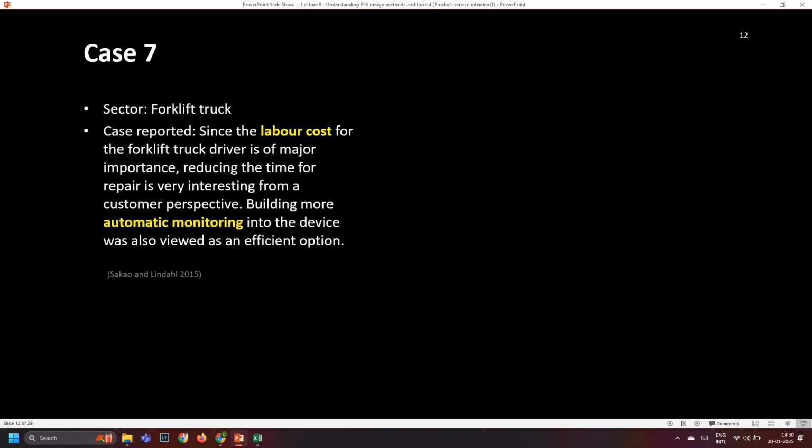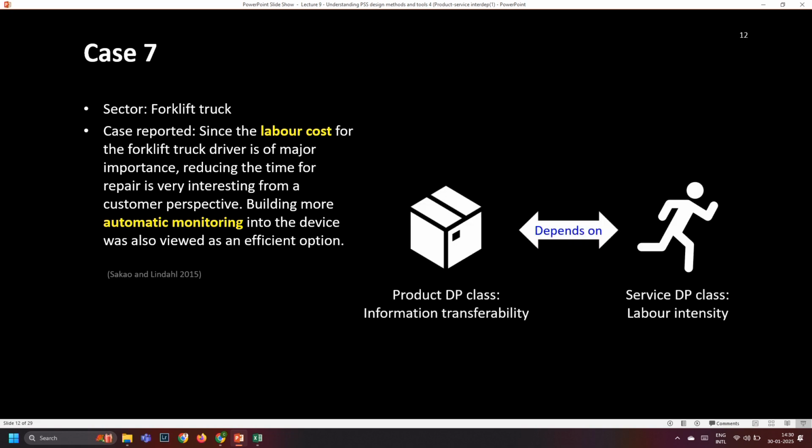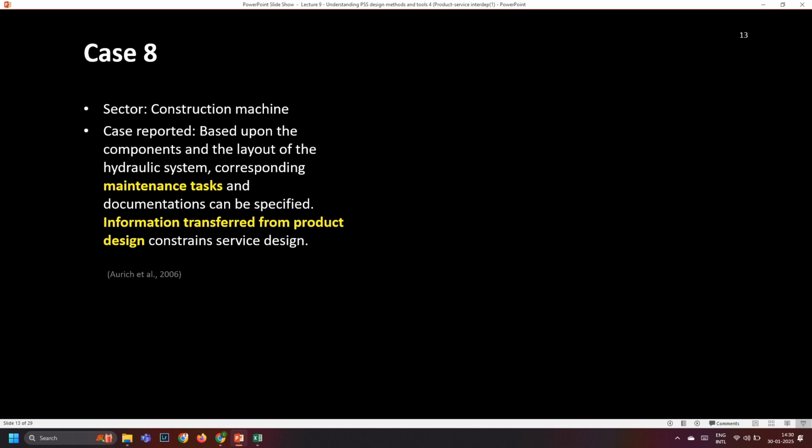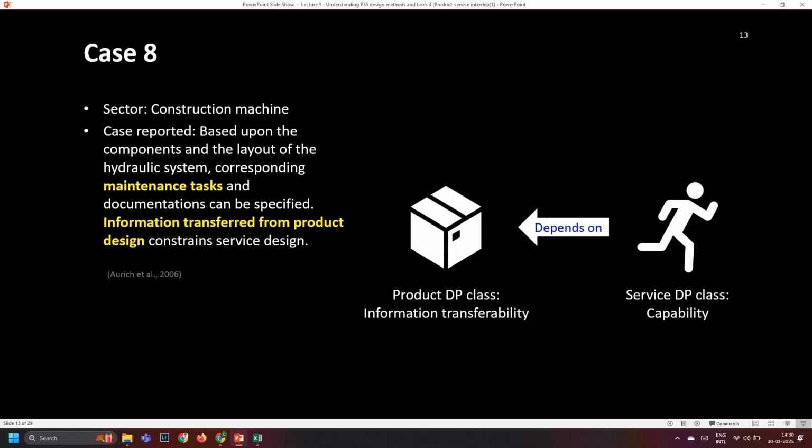In the case of forklift truck, labor cost of the service technicians can depend on the product design, and in this case, an automatic monitoring device was considered to be put into the forklift so that the service labor cost will be decreased. No? Affordability. Next example, again, construction machine.